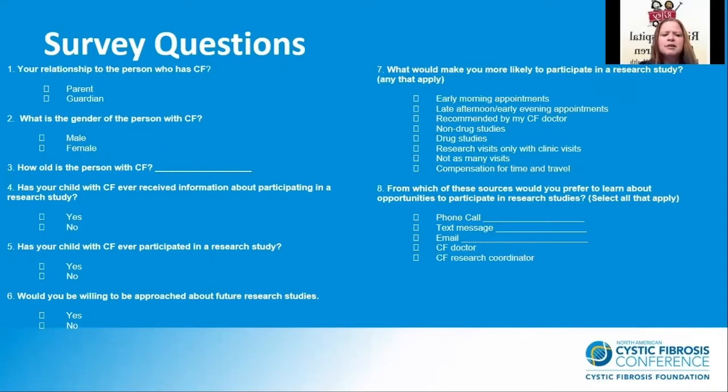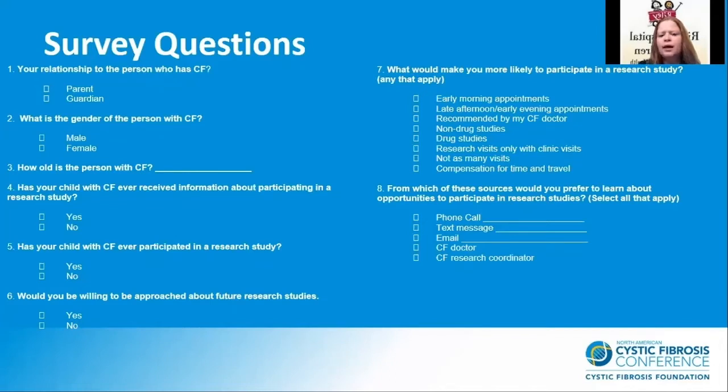On the survey, we asked the relationship to the person with CF, the gender, and how old the person with cystic fibrosis is. Have they ever received information about participating in a research study? Have they ever participated in a research study? Would they be willing to be approached for future research studies? What would make them more likely to participate in research?